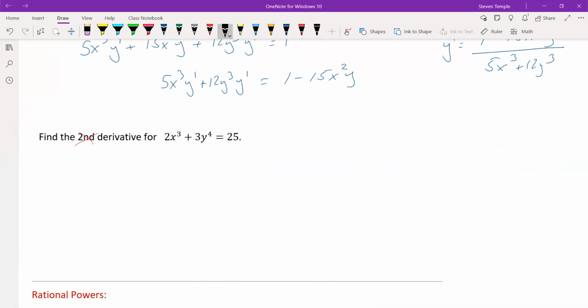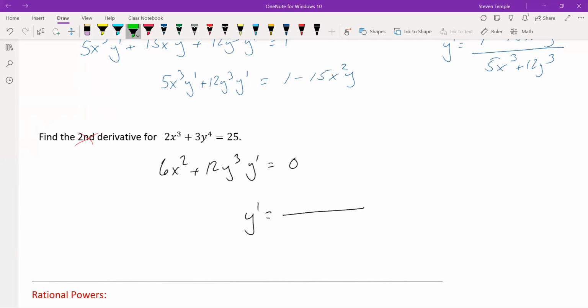So when you take the derivative, it's going to be 6x squared plus 12y cubed y prime equal to 0. Now I'm going to give the answer right here. I'm going to skip all those other steps, and here's how you can do it. Y prime, draw a big fraction bar. If it doesn't have a y prime, it's going to go on top.